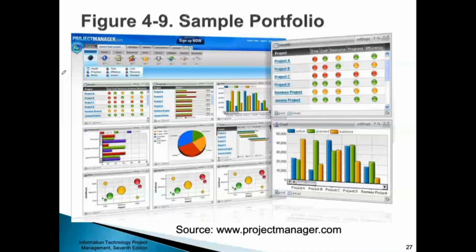So you have here some projects, and it will show you your progress in terms of time, cost, resources, the overall progress, and also some other parameters like efficiency and others. So here you can see the projects. You can see some graphs here that show you what's happening.